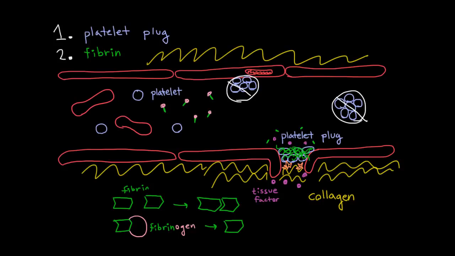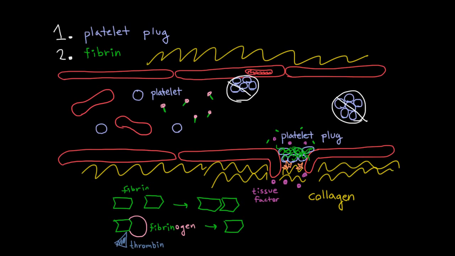And so finally, by the time you get to the one that's going to break the fibrinogen apart and create fibrin, and by the way, I'll draw him, and he has a special name called thrombin. Again, I don't think thrombin is necessarily a word you need to know, but just in case. So by the time you get to thrombin, you have a lot more activated thrombin than you had tissue factor in the beginning. But the tissue factor here is the spark, and that's the guy that really got us going.